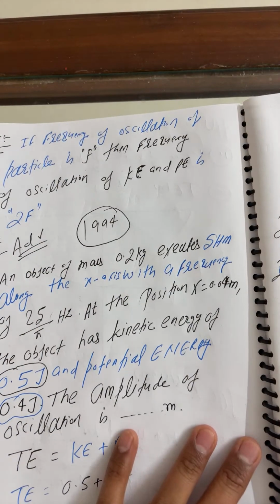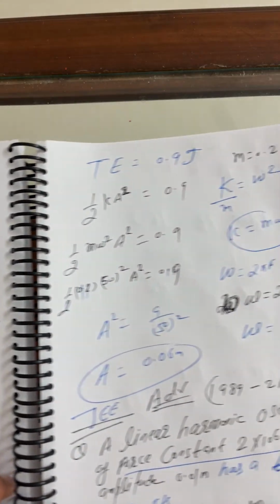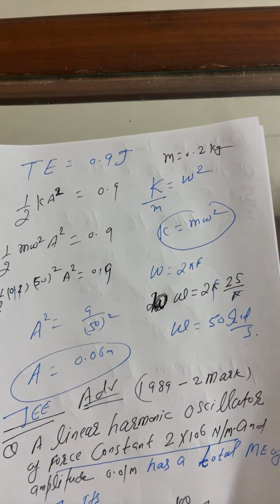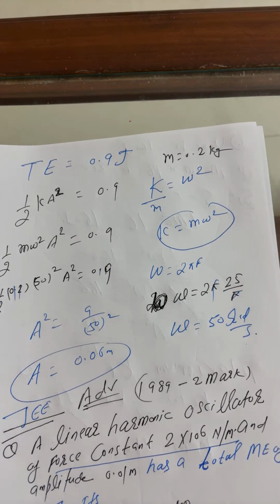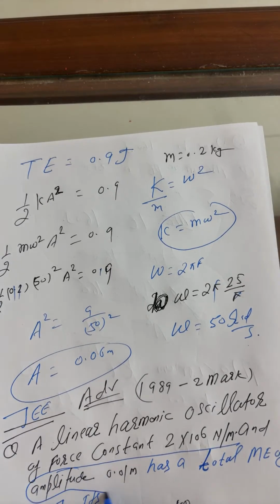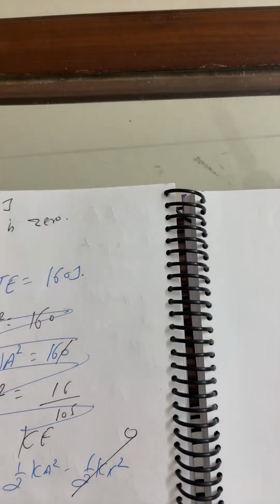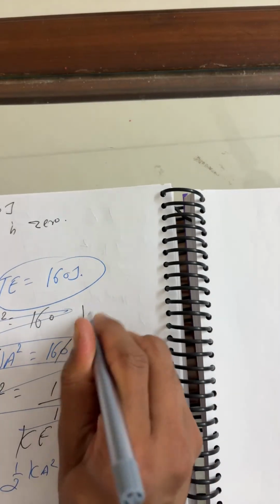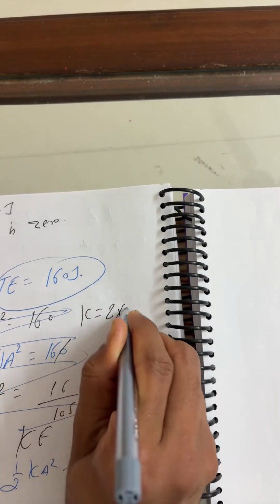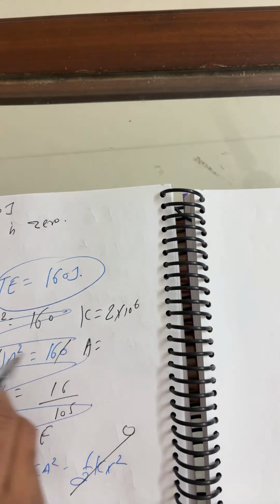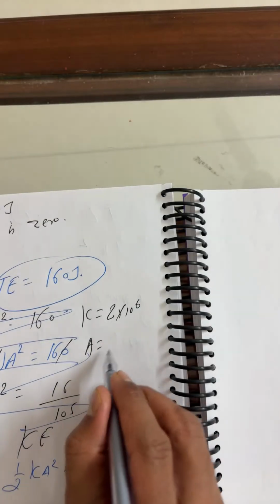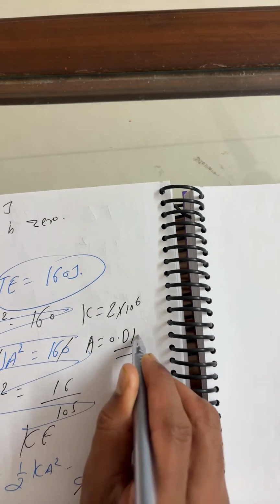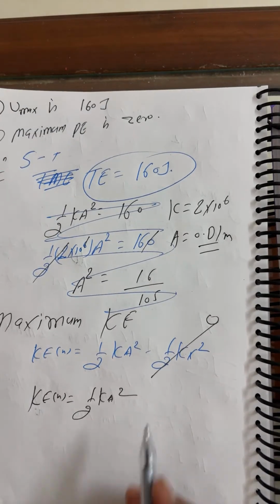So write down all the data first: the total mechanical energy is mentioned, K is mentioned, 2 into 10 to the power 6, and amplitude is also mentioned, just 0.01 meter.